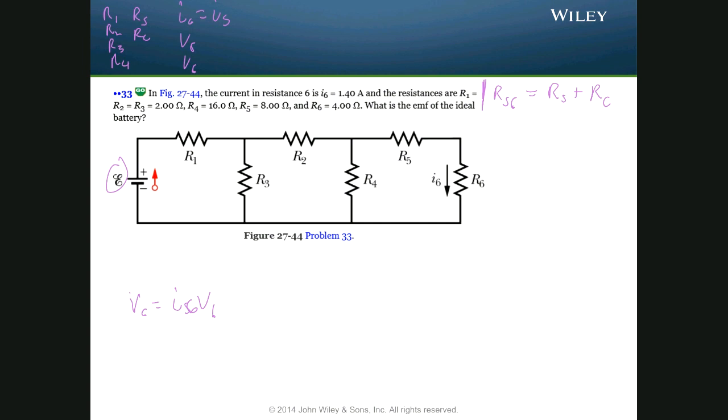All right. It's just kind of an involved problem. All right, so we know R56 is going to be 8 plus 4. So hold on.